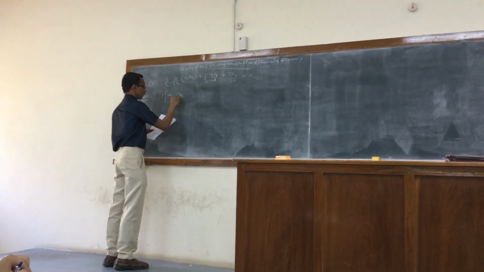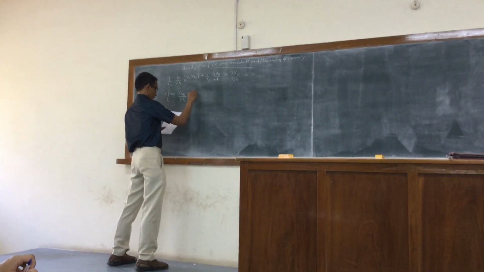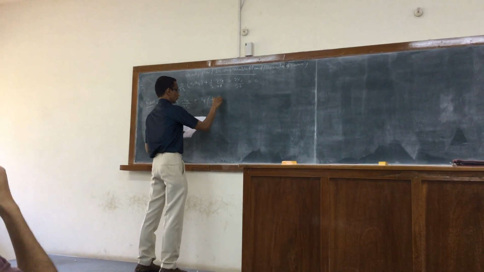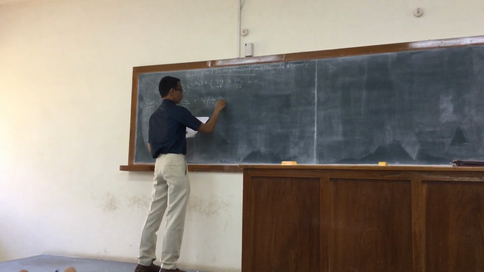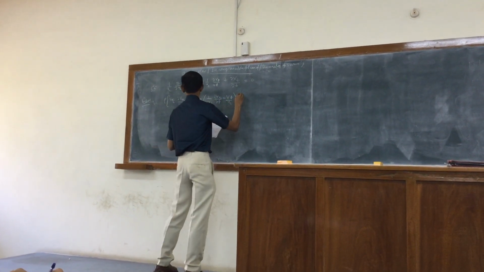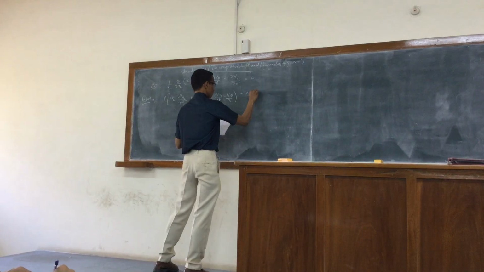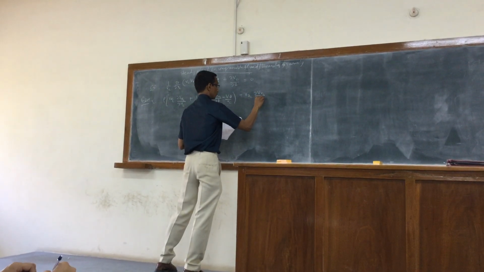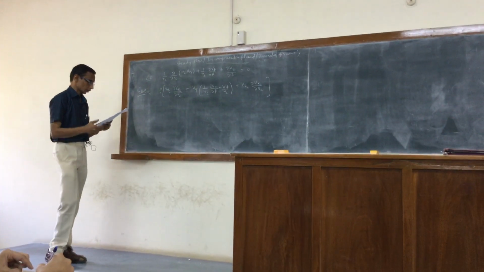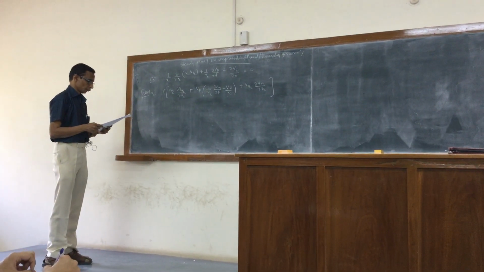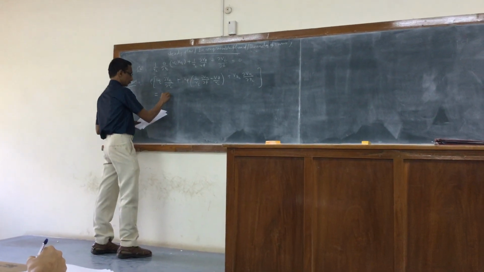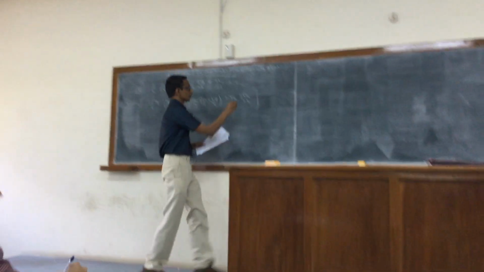And then I have the inertial term, V dotted with the gradient of V, and on the right hand side I get minus dP by dRC.